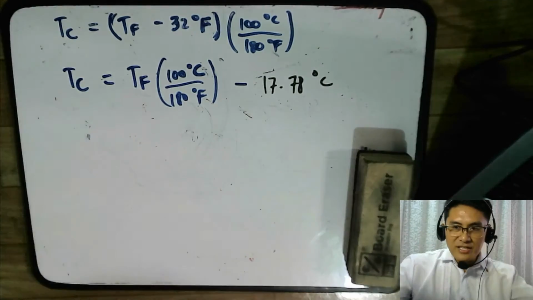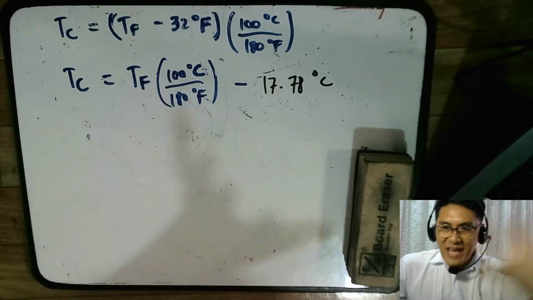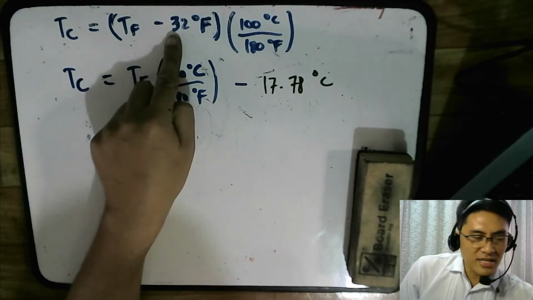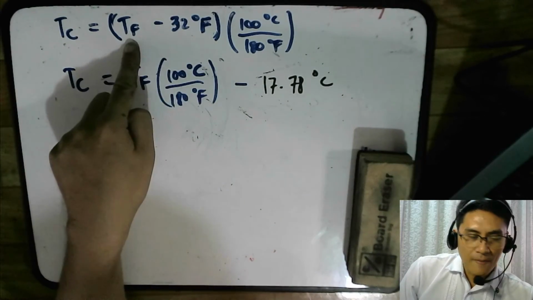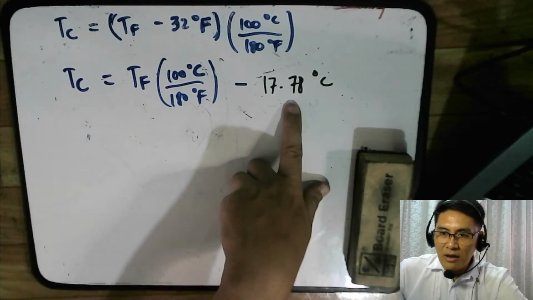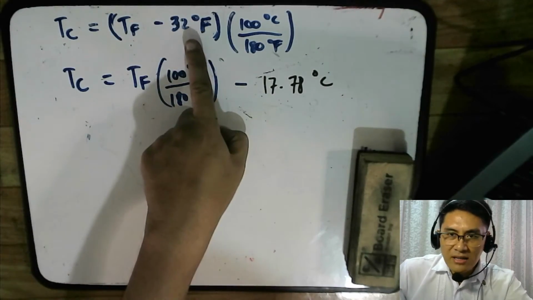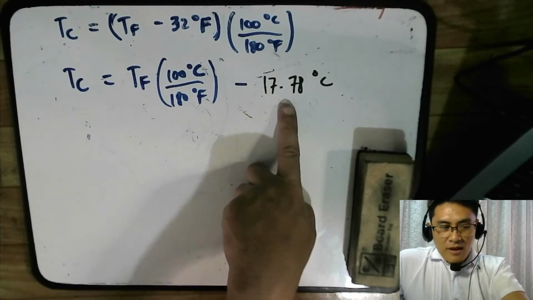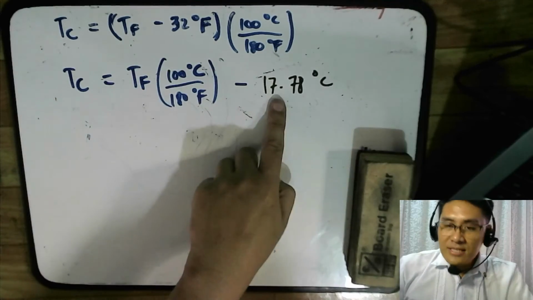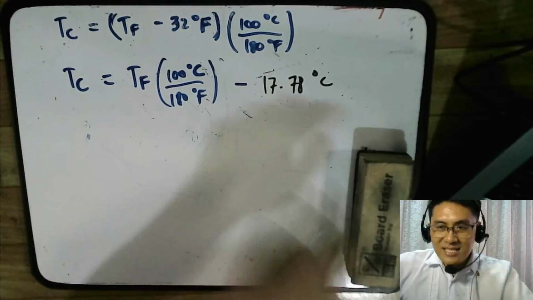But again, because their zeros are not aligned, you have to take away the advantage of the Fahrenheit. That means taking away 32 degrees Fahrenheit if it's still in Fahrenheit. But if it's already in Celsius, you have to take away 32 degrees Fahrenheit, but in Celsius terms. And 32 steps in Fahrenheit is again 17.78 steps in Celsius.